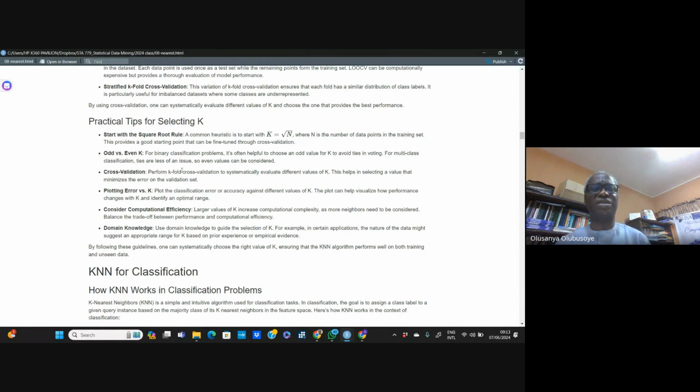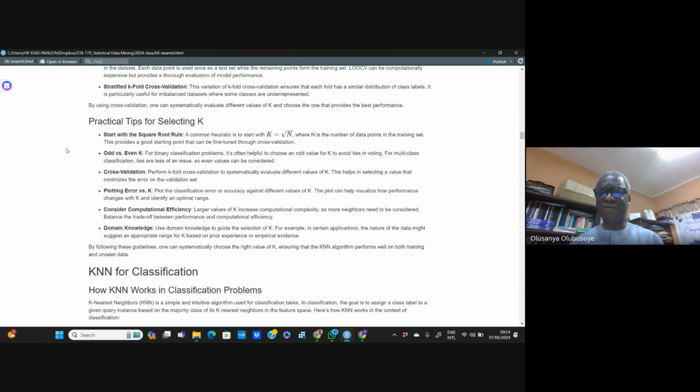It helps you a lot to minimize the error on the validation set. Another approach is to plot the error that you obtain versus the K that you compute.